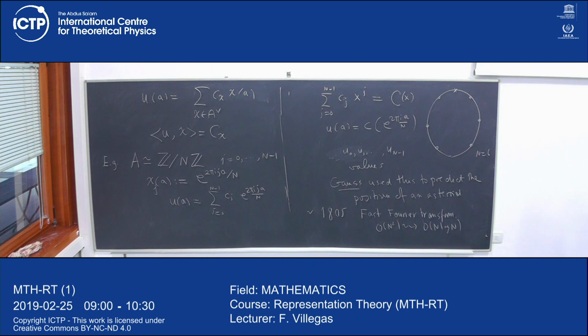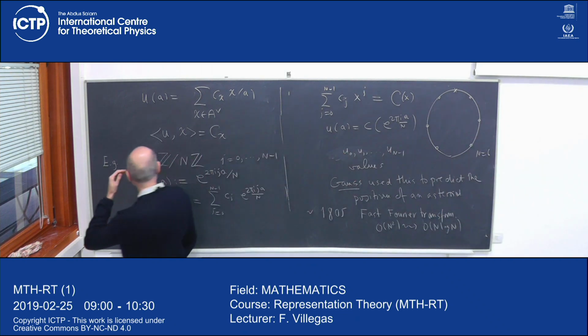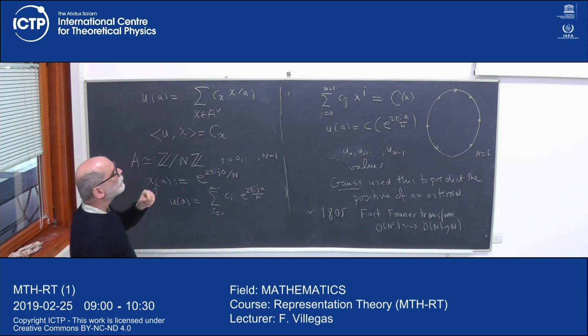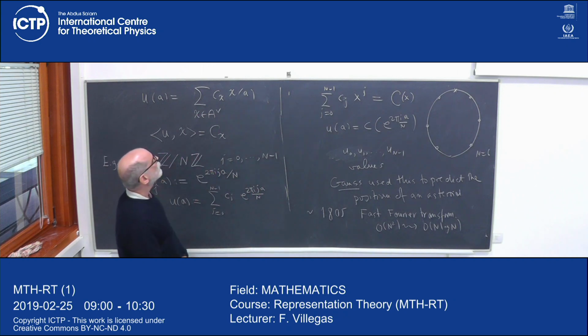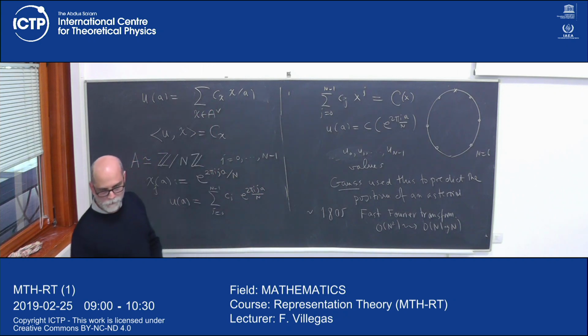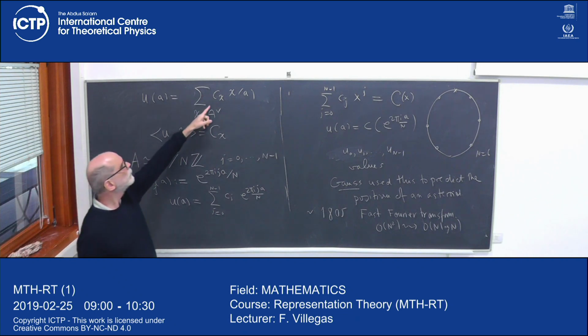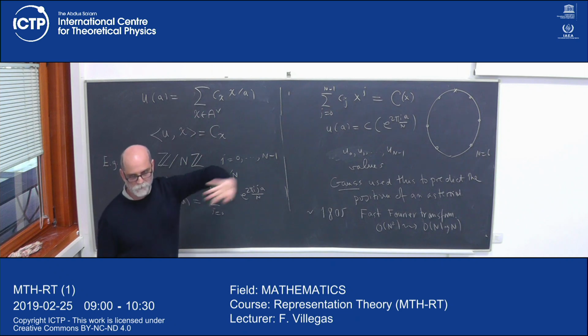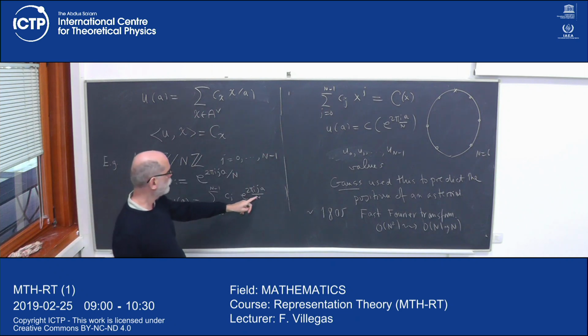And even today, these types of ideas are used to compress images, because what you do is you have a bunch of data, you compute its Fourier series, or compute these coefficients, and what you do is you truncate and eliminate all the high frequencies.